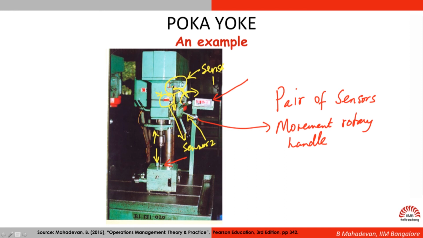Now, every time this lever touches the lower one, the counter will automatically go up by 1. There is a reset button in the counter. So, when it comes to 100, you can reset the button also. So, it also improves productivity. There are plenty of examples of this kind we will see in practice which can help us improve quality and productivity.